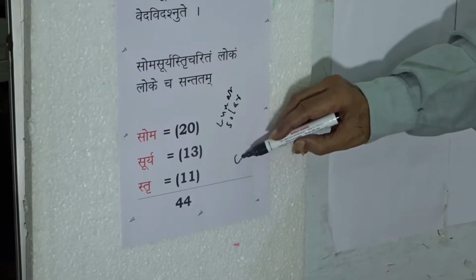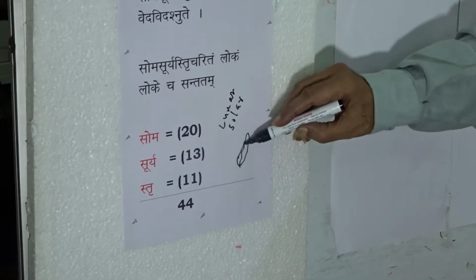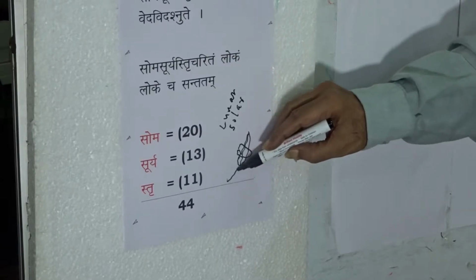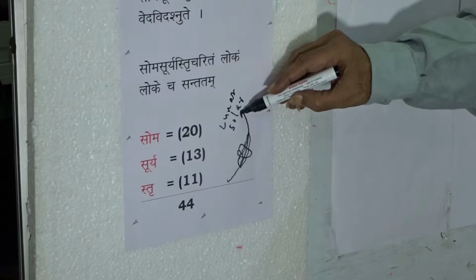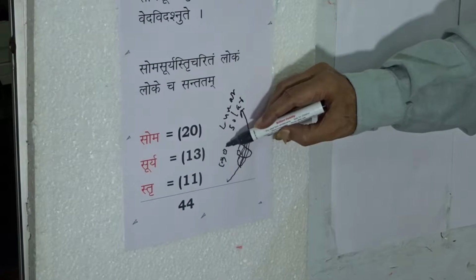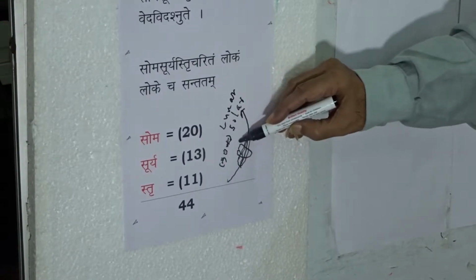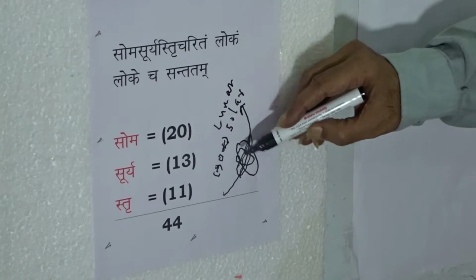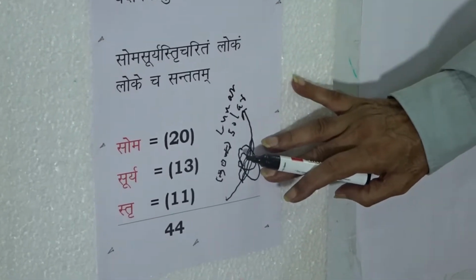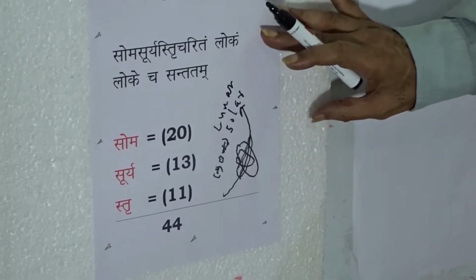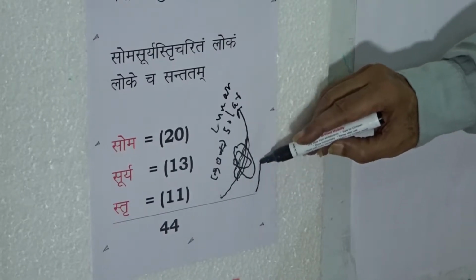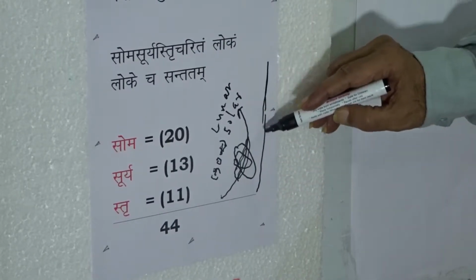Means Earth is moving around its own axis and is also simultaneously moving around the Sun, while Moon is moving around the Earth. Therefore, the motion of the Earth is having simultaneous timelines of Moon and of the Sun.